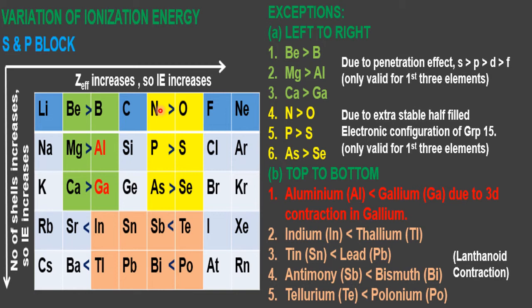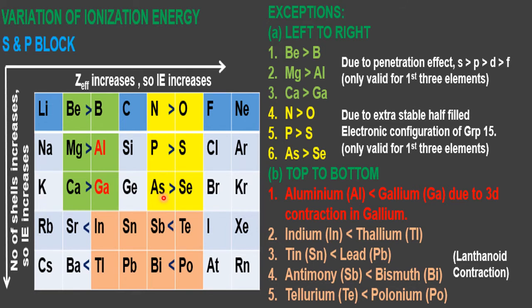When it is more stable, naturally more energy is required to remove the electron. That's why IE of N is more than O, due to the extra stability acquired from the half-filled configuration. Why half filled has extra stability, I already discussed in the structure of atom. Same reason.